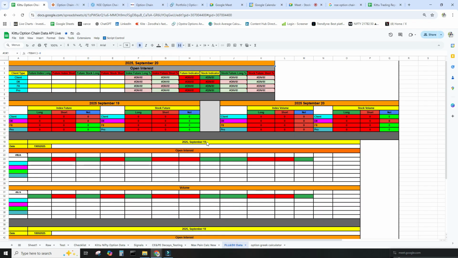And this is the foreign investors data as of now. Since today is a non-working trading day, we will get this data on Monday. So you can always refer to the foreign investors data.